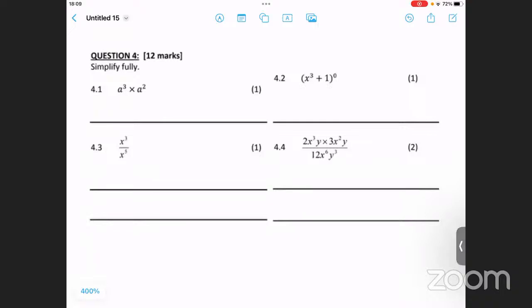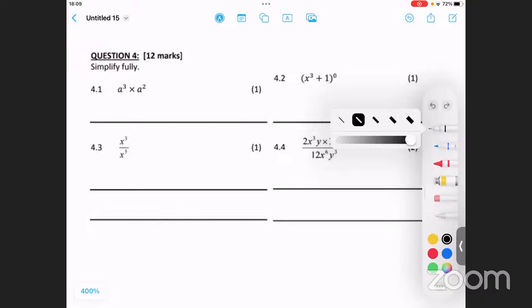Okay, cool. So I want us to do this revision. We have question 4, it's 12 marks, 12 free marks. The first one says multiplied by a squared. What are we going to have? It's just 1 mark, meaning you don't have to do a whole lot of things, right?